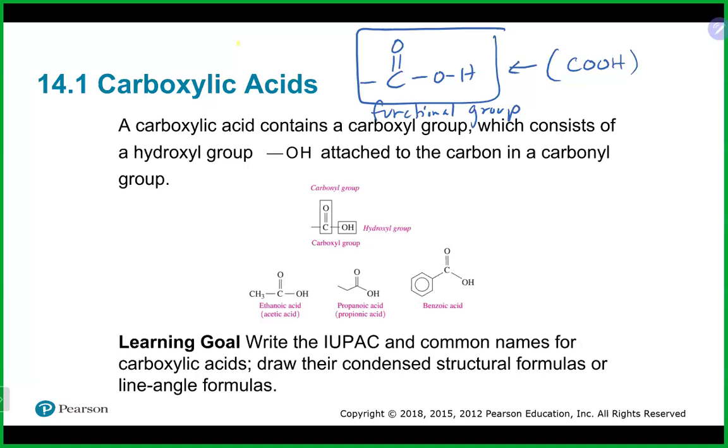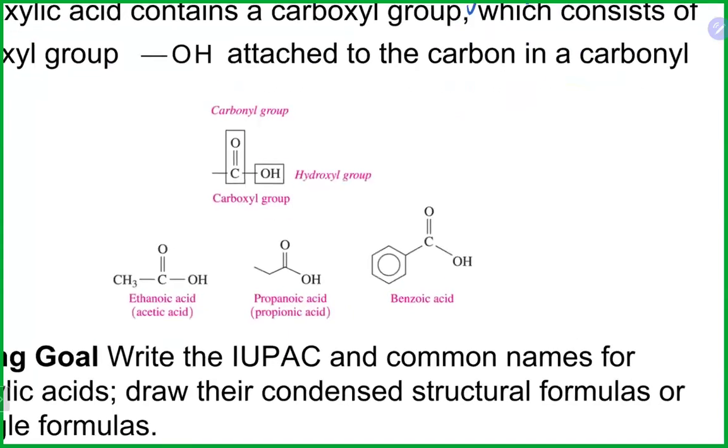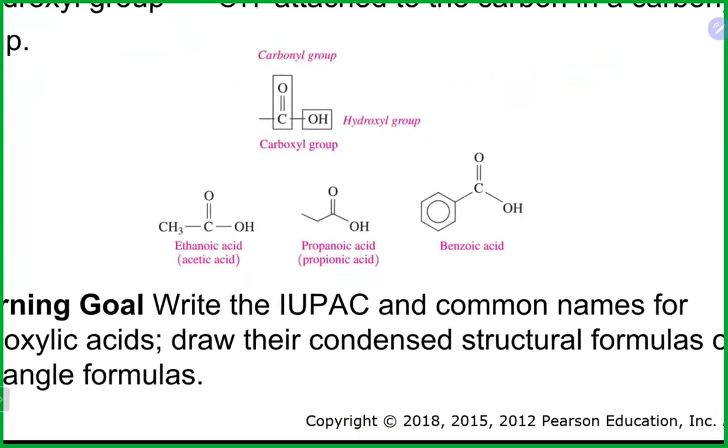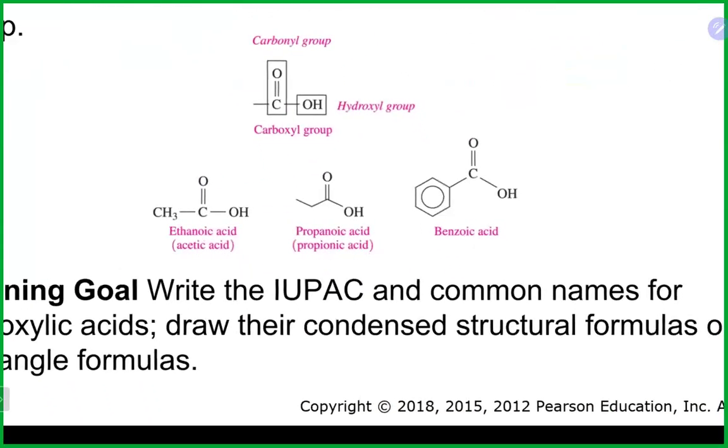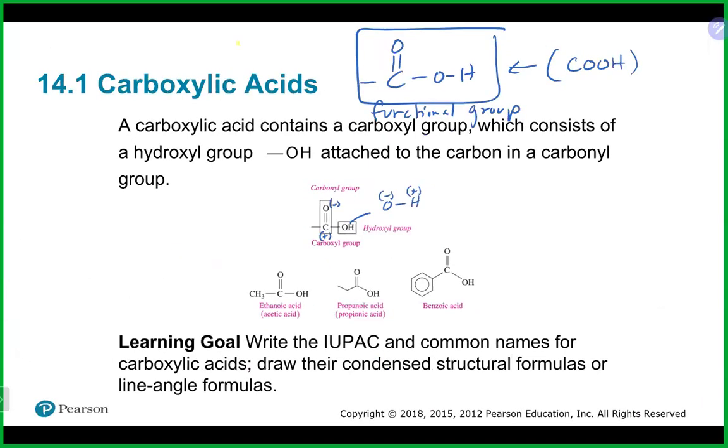Now, the carboxylic acids have a very polar functional group. It has the carbonyl group, as we just talked about, which is partially positive, partially negative, but it also contains this OH group, which also has a charge. So it's got two really polar parts to this functional group, which is really important.